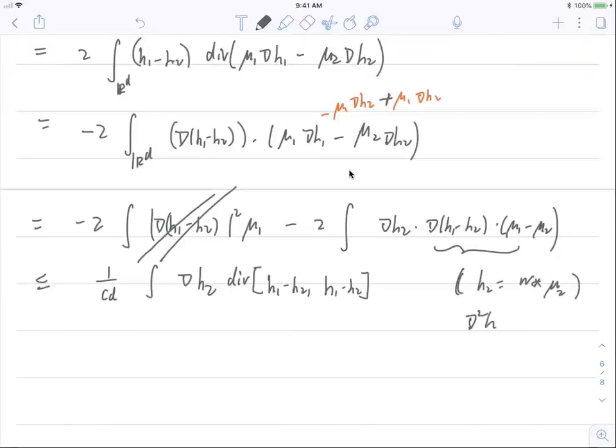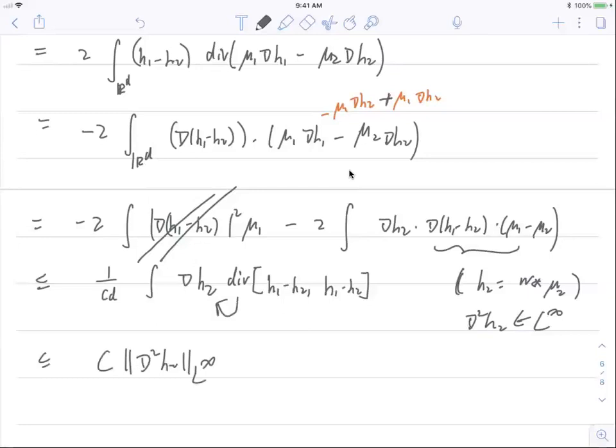Let's assume these are bounded, both in time and x, though we probably don't need that strong an assumption. We can integrate by parts, so we can remove the divergence onto gradient H2 and pull out the gradient. There's a constant C, which is 1 over CD and other factors we don't really care about. Then there's the second infinity norm of H2.